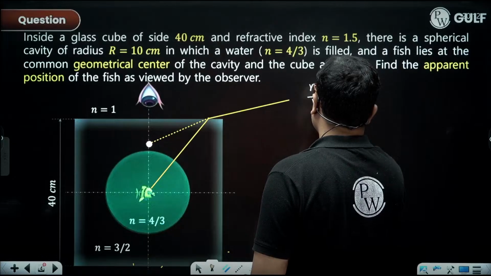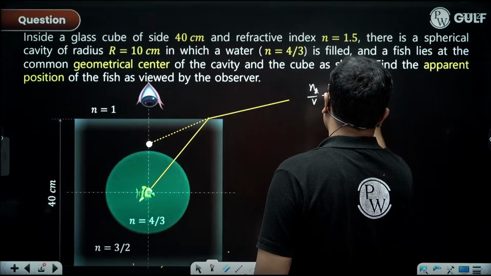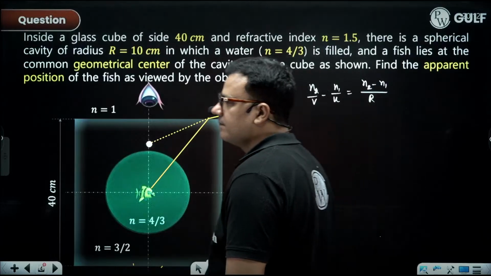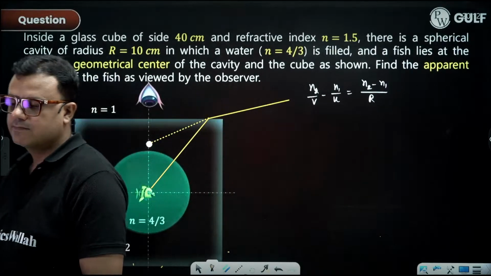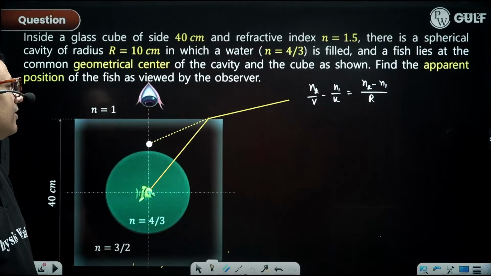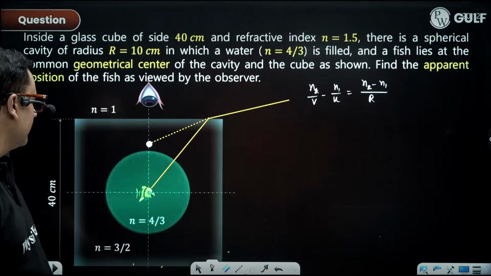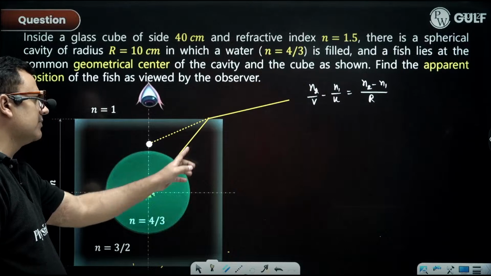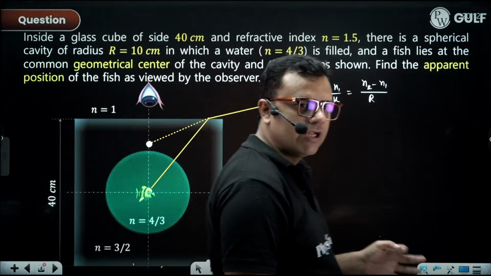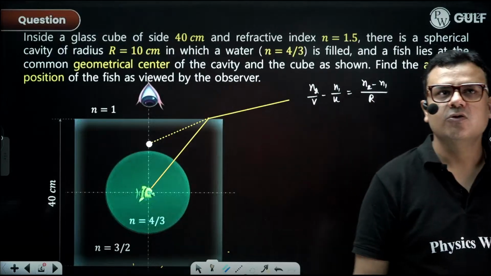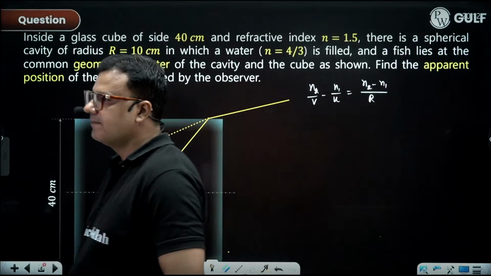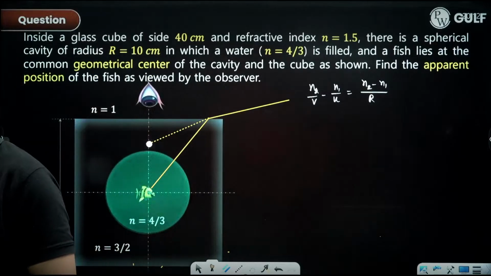N2 upon V minus N1 upon U equal to N2 minus N1 upon R. When the first refraction will happen, it is going from liquid to this one. Because over here we are not talking about the angles. We are talking about just entering from one medium to another medium. So what we are going to get?